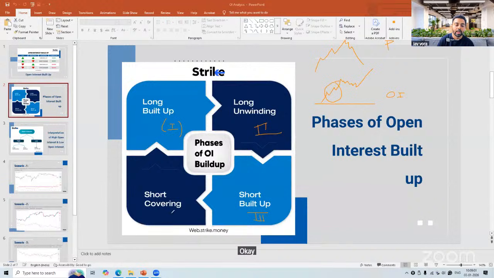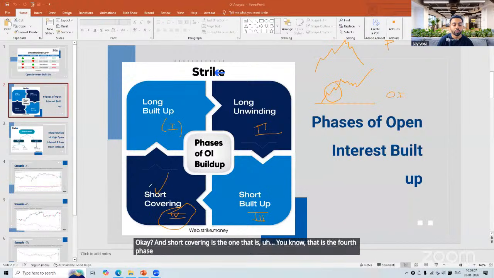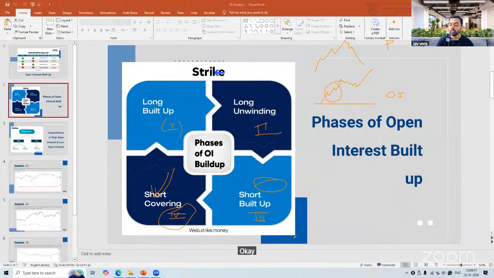Okay, and short covering is the fourth phase. Now this is more important, but identifying where there is extreme short buildup and keeping those on our watch list becomes very, very helpful. Okay, because this is what eventually leads to this move.